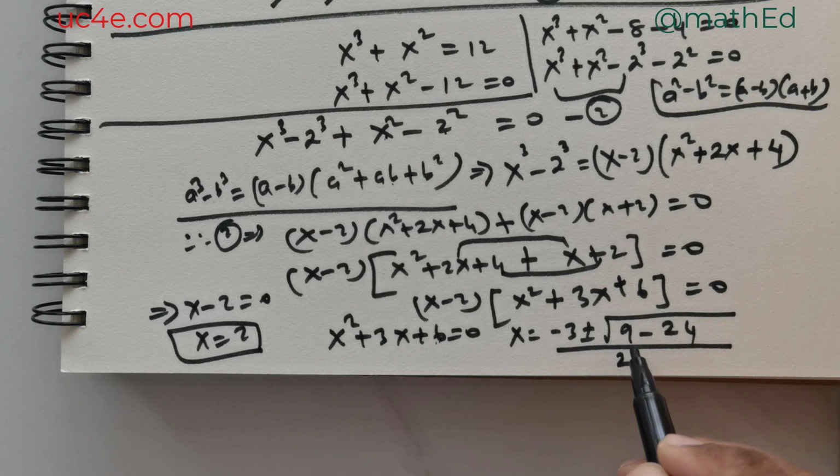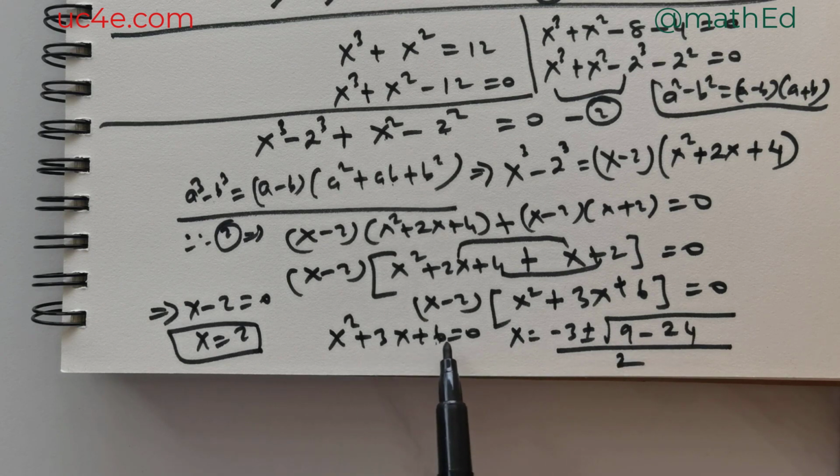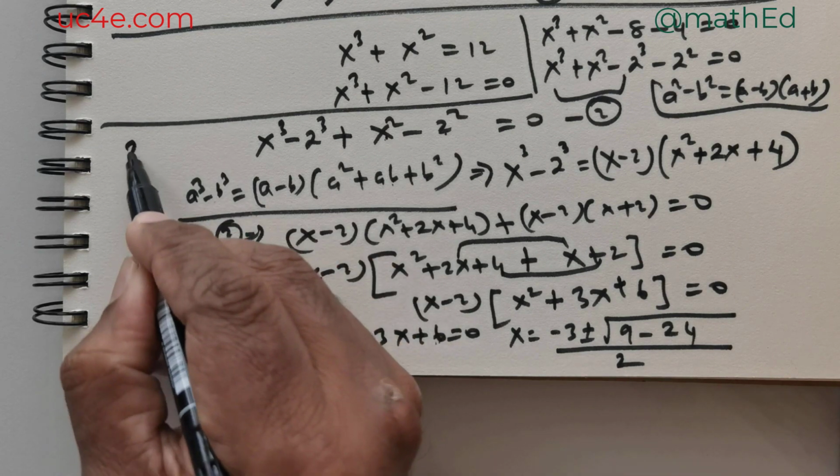And what is this exactly? 9 minus 24. The reason you got negative is because all of these things are positive, right? If you were to apply the quadratic formula, you get minus 4 times a and c. a is 1 and c is 6. Because of the presence of all being positive, you're getting negative here. So this is actually 24.